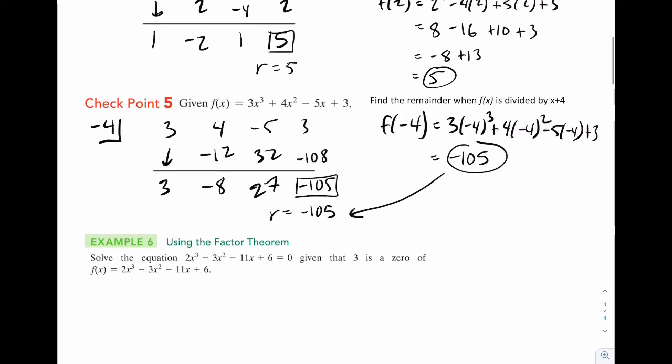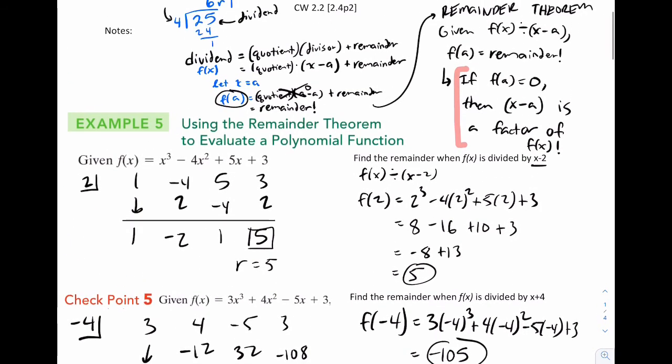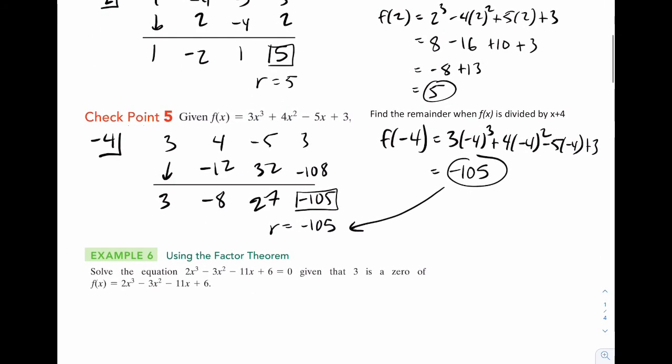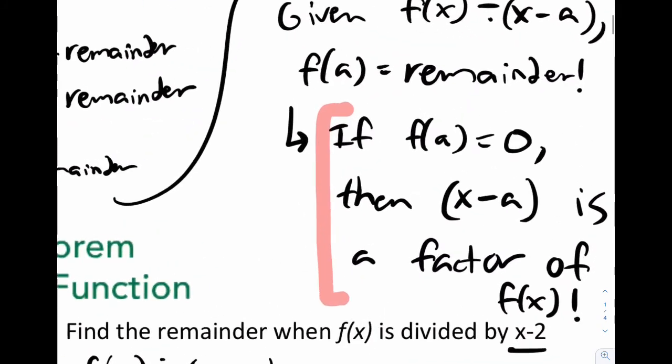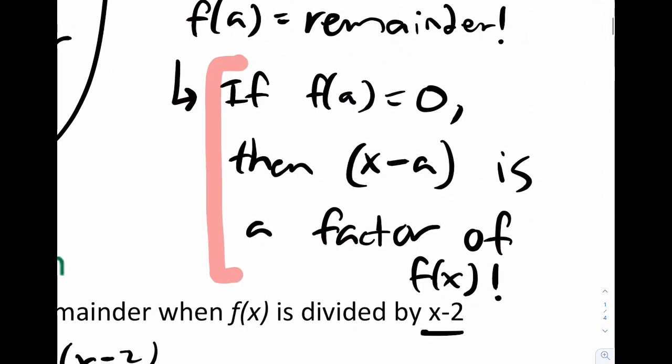Now the reason the remainder theorem is powerful is because of this part I highlighted. This part I highlighted is actually called the factor theorem. And the factor theorem is simply just an extension of the remainder theorem. It's what I'm saying right here, is that if the thing you plugged in is 0, then you actually found a factor.